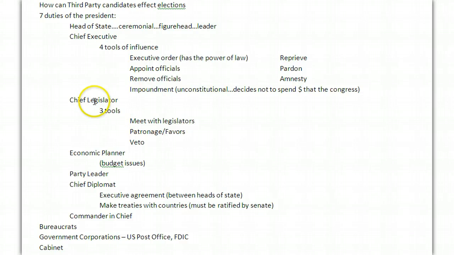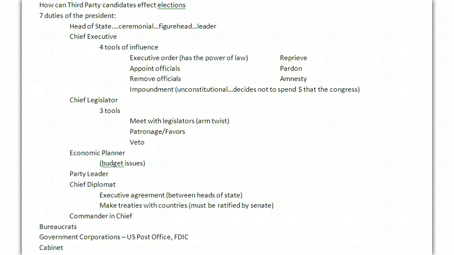The next hat is the chief legislator, and there's 3 tools that the president has. He can meet with legislators and arm twist to try to convince them to agree with him on legislation, but it's tough.